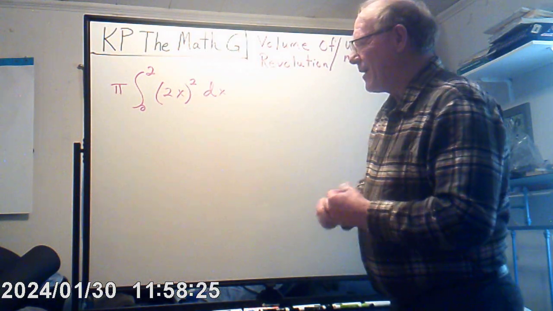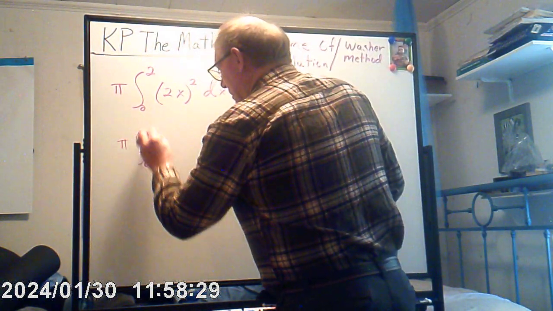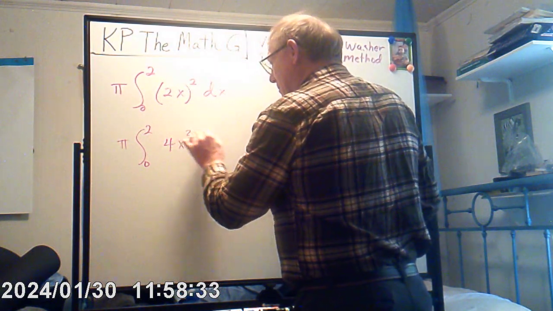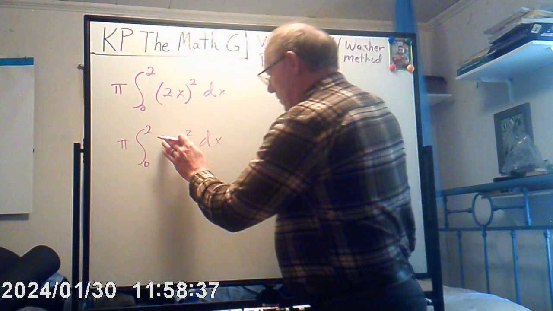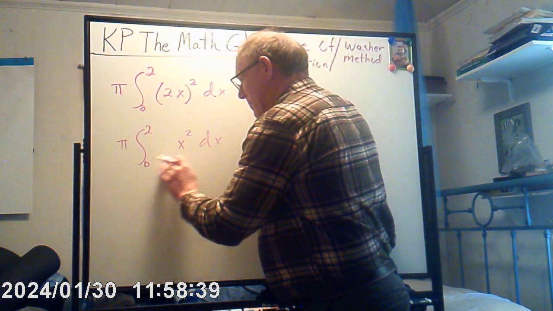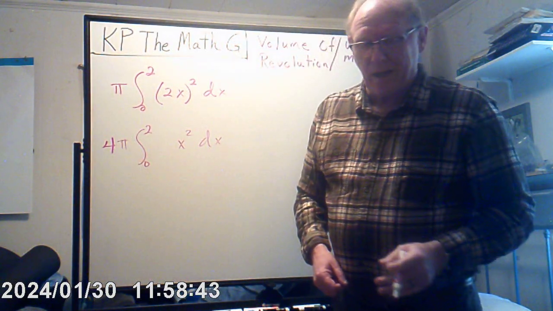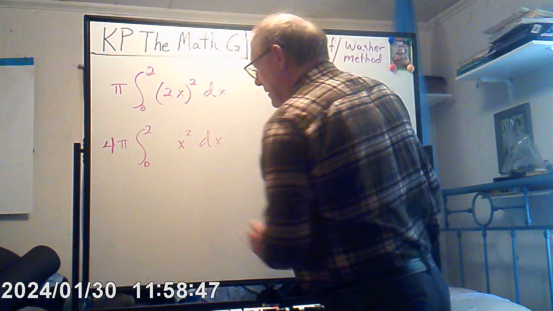Let's square this. 2 squared is 4, and then this is x squared dx. If I want to, I can put the 4 on the outside of the pi. Just remember you have to bring it back in when you solve. Now I just have x squared dx.